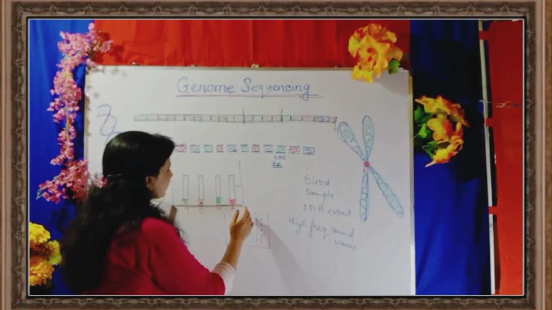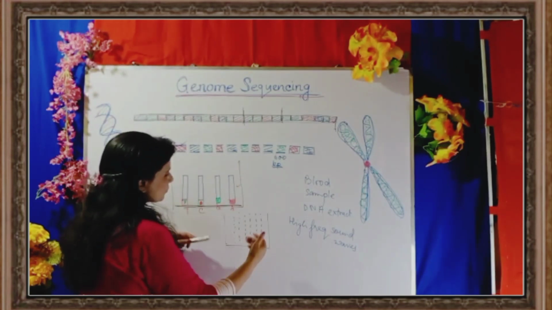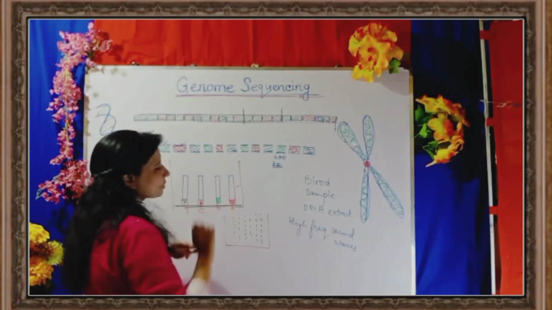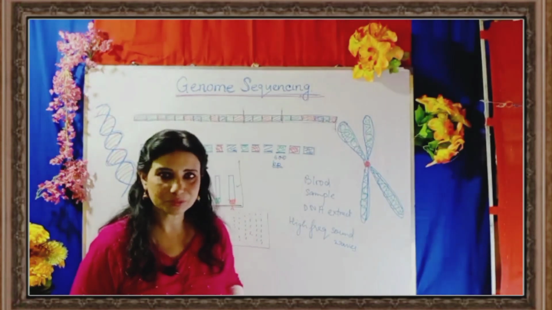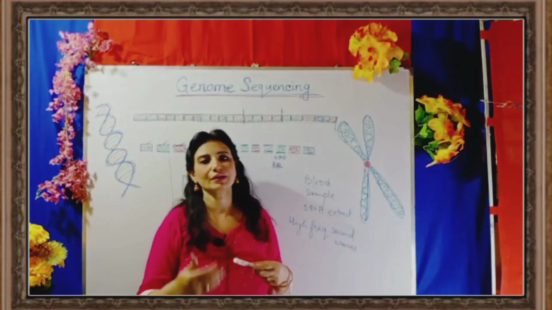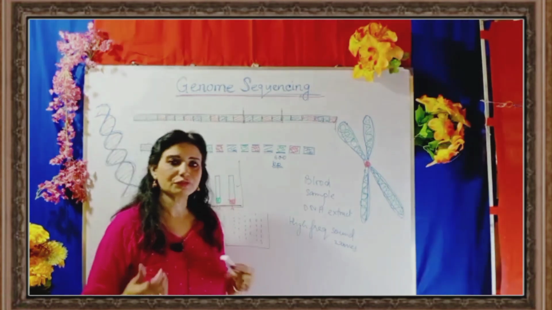Now, when the sequencer was doing its job, each segment had to be made into multiple copies. The sequencer's job was that each of these segments of DNA was made into multiple copies and formed clusters, many DNAs looking identical. That means clusters of identical DNA fragments.